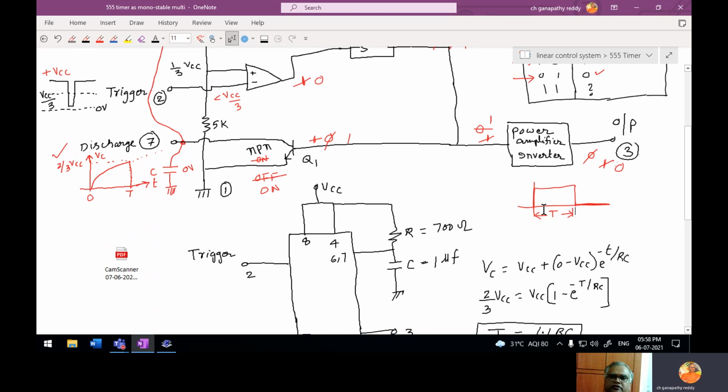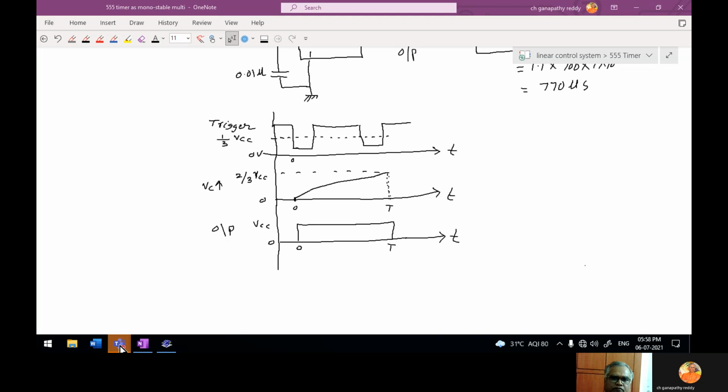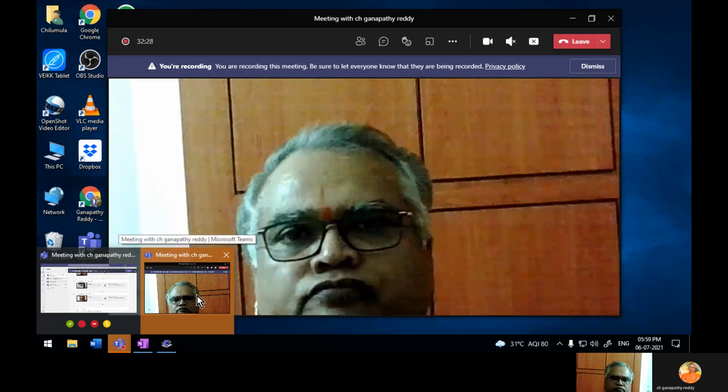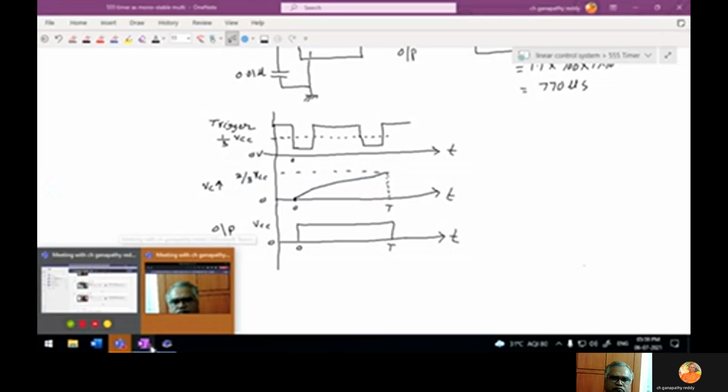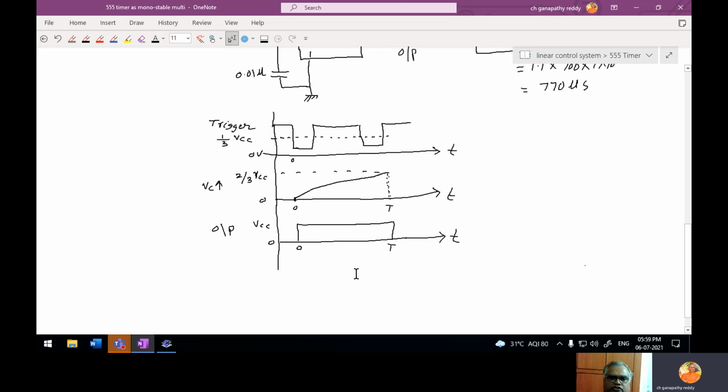And the output voltage is 0. Then when we apply a trigger, it will go high, and again come to 0 at T. So these are the waveforms we have to observe.